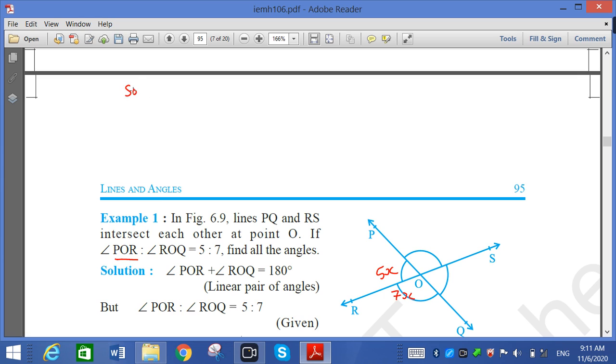I am writing the solution here. Solution. Angle POR plus angle ROQ is equal to 180. Now already we have taken that let the angle be x.